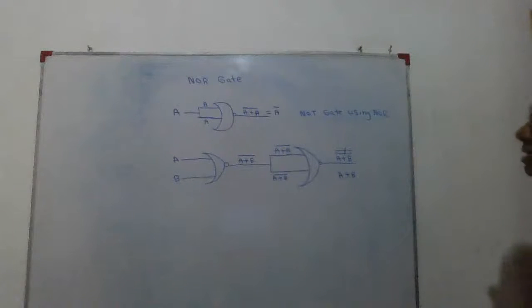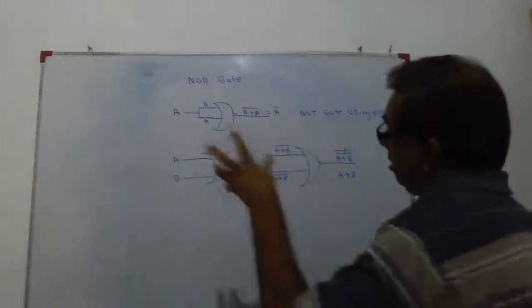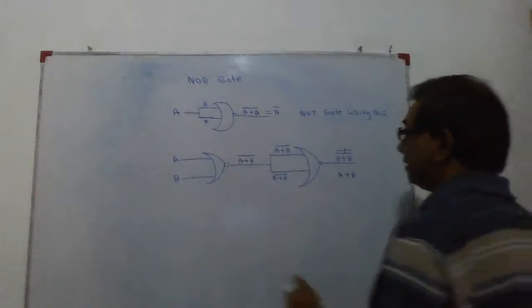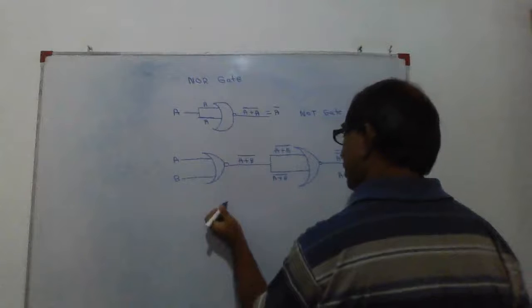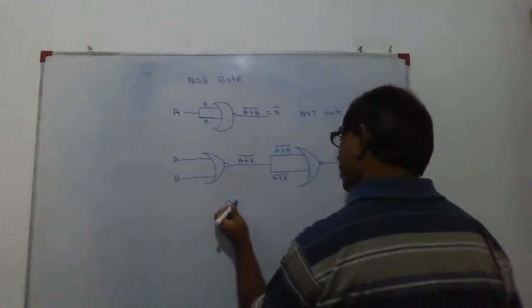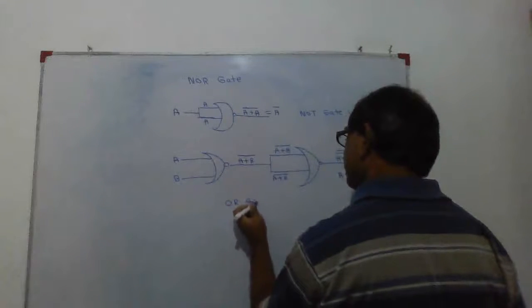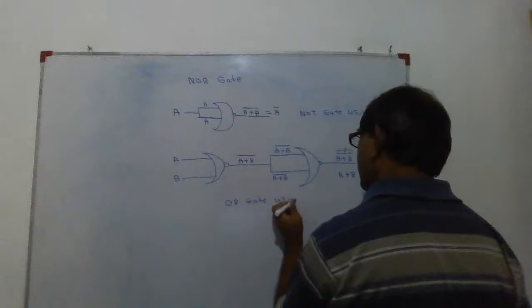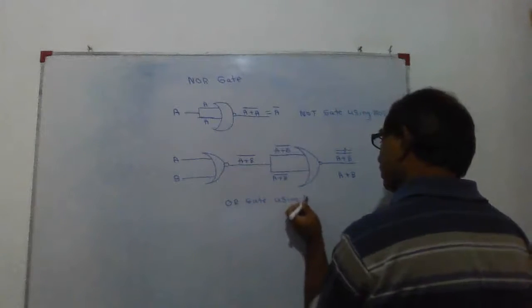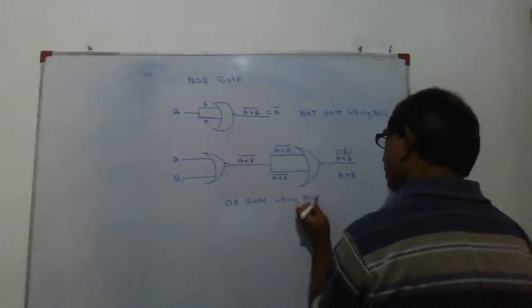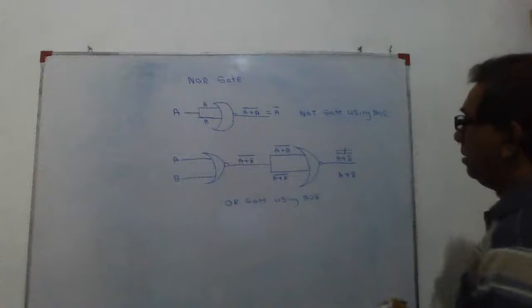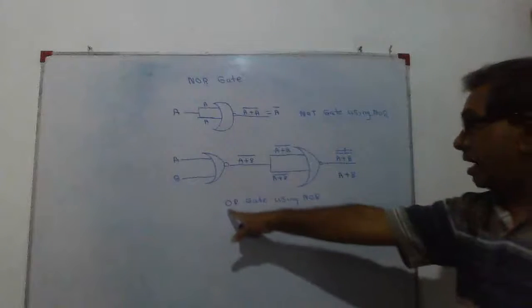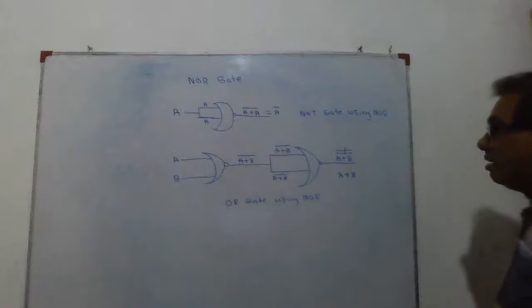It is easy. Now you are having two NOR gates. We say OR gate using NOR. So here NOT gate using NOR gate. Here we have OR gate using NOR gate.